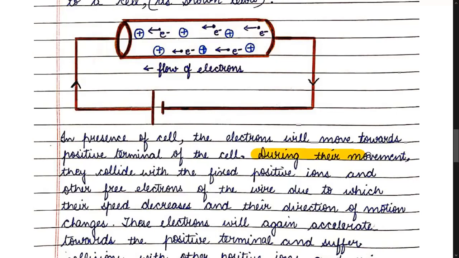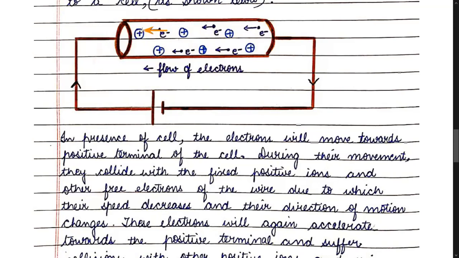But students, during their movement, they collide with the fixed positive ions and other free electrons of the wire, due to which their speed decreases and sometimes their direction of motion also changes. When the electron is moving, there is a chance that it collides with a positive metal ion.